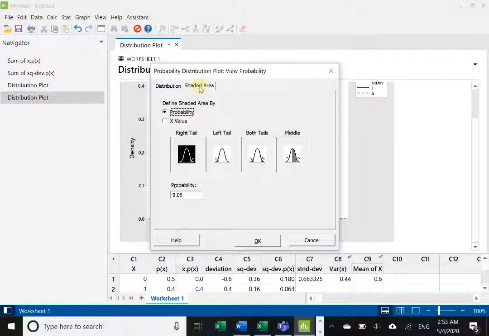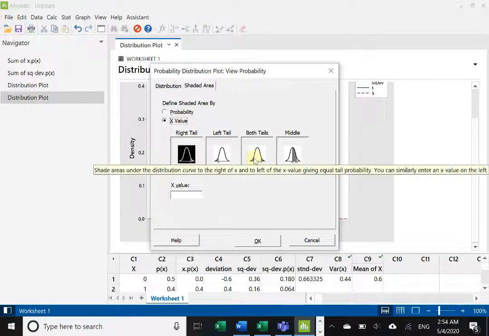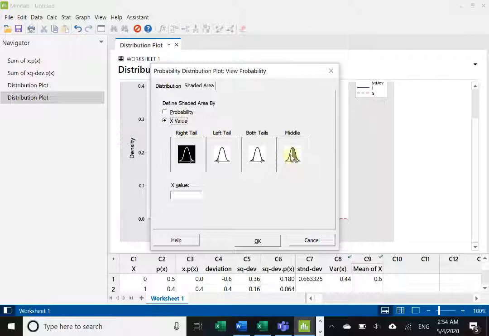Now, for shaded area, you look at the x value, and these are the various formations under the distribution. If you want to find the area to the right, that means greater than. Area to the left, that would be less than. Both tails, we'll look at these when we do confidence intervals. And if you want between two numbers, you go middle.